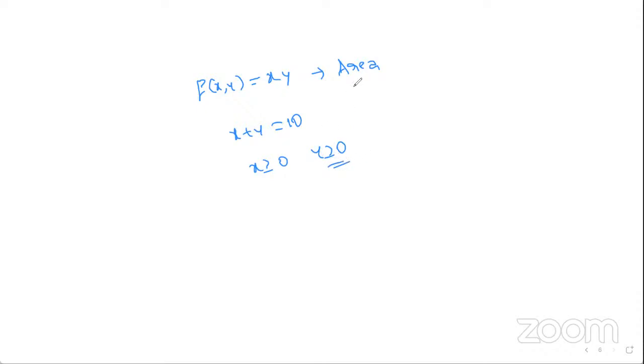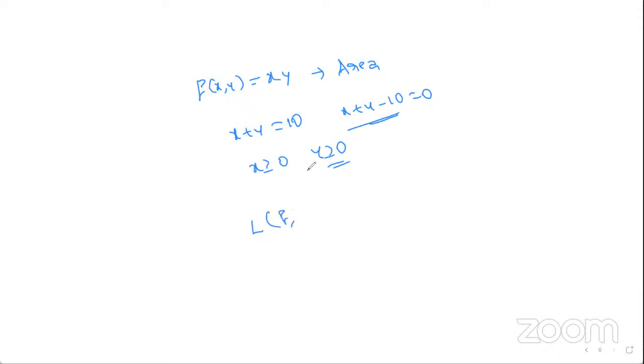Sorry. Okay. So first, we will be converting this to x plus y minus 10 equals 0. This is equality condition 1. So for this, how do you get the Lagrangian?